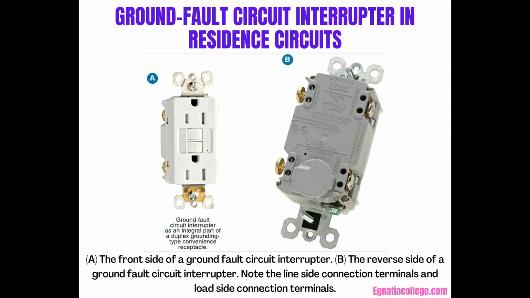Ground fault circuit interrupter in residence circuits. In this residence, the receptacle outlets installed outdoors, in the bathrooms, on the kitchen counter near the sink, and specific ones in the basement are protected by GFCIs. These receptacle outlets are connected to the circuits listed in the panel schedule in Unit 8 and identified on the floor plans.